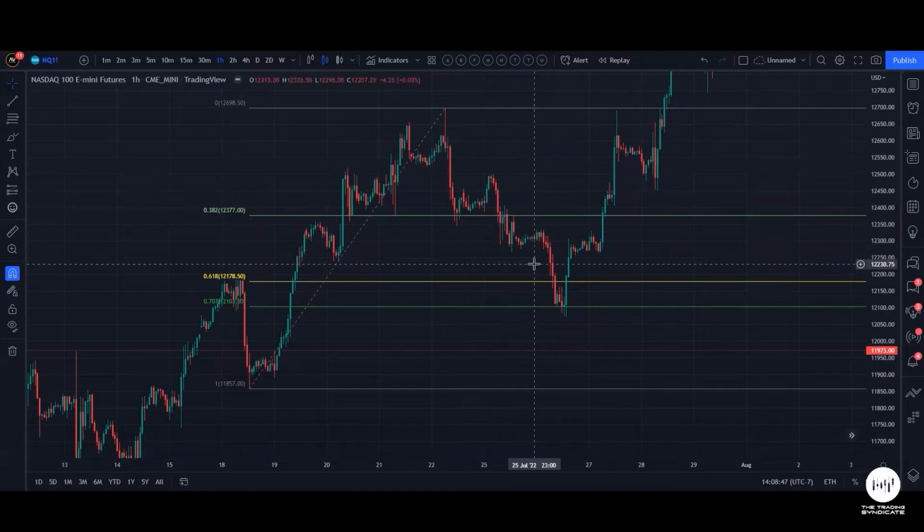But this is really showing you the power of the difference between the 0.382 level and the 0.618. If we can get that close below the 0.382 level, like we did here, there's a very strong opportunity for price to move to the 0.618 level, as it did in this situation, which is why, once again, this is a low risk, high reward type setup, where if we do get that close below the 0.382 level, it is very strong in probability that we move to the 0.618 level.